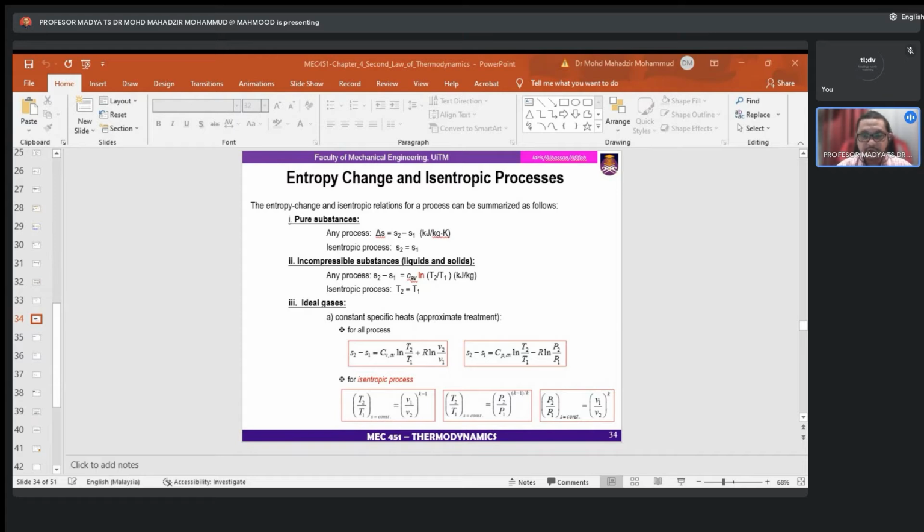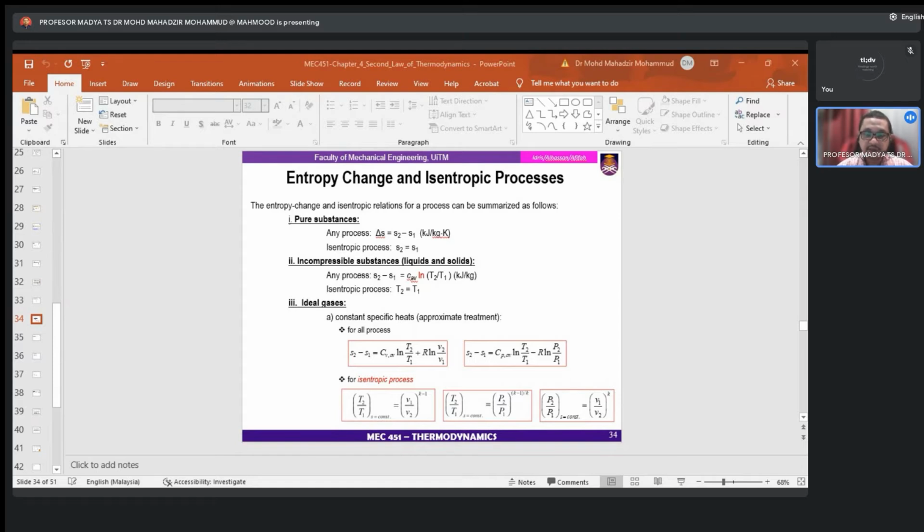How you find this entropy change is based on whether the substance is in the phase of mixture or phase of superheated. Okay, that's how you will use it.